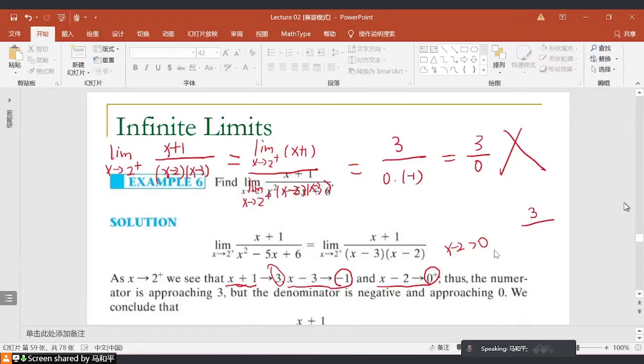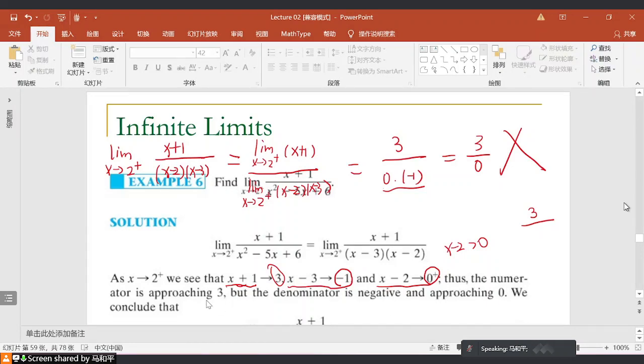The denominator: x minus 2 greater than 0 is positive, and x minus 3 is negative. This is positive, and this is negative, so this means the denominator is negative.